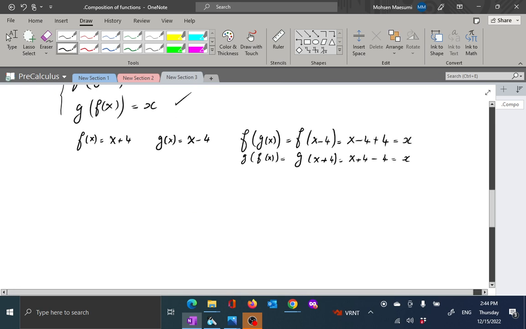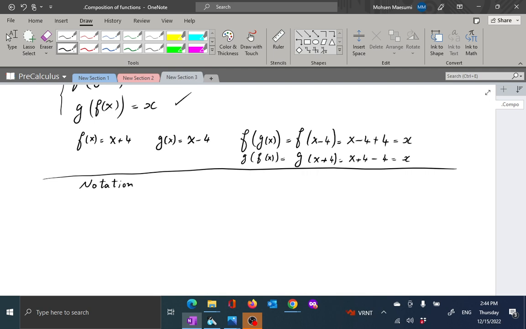Okay, next issue. What's the notation we are going to use? A pair of consecutive letters, F and G, is typical notation when we want to make it clear and clean. Sometimes we just want to use one name. We don't want to have two names, one F, one G, but we have to distinguish between them.